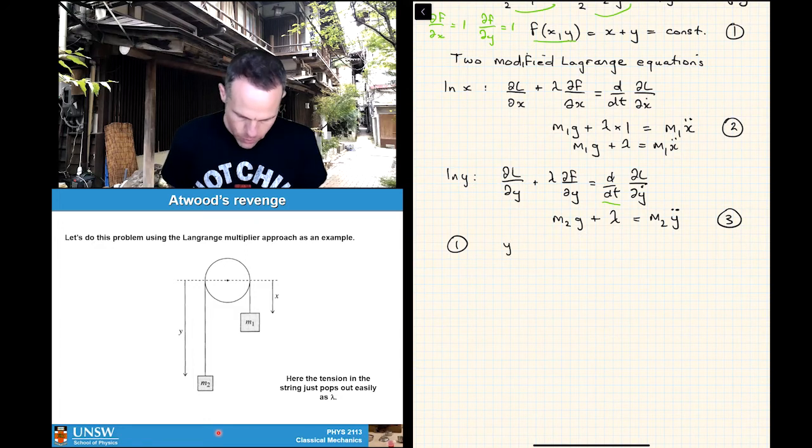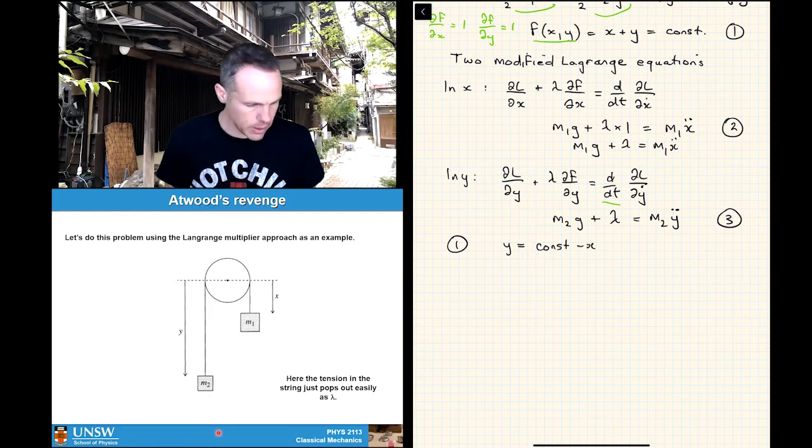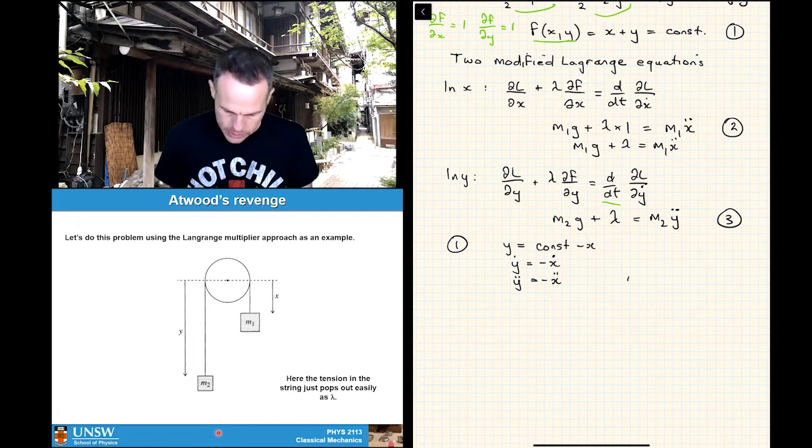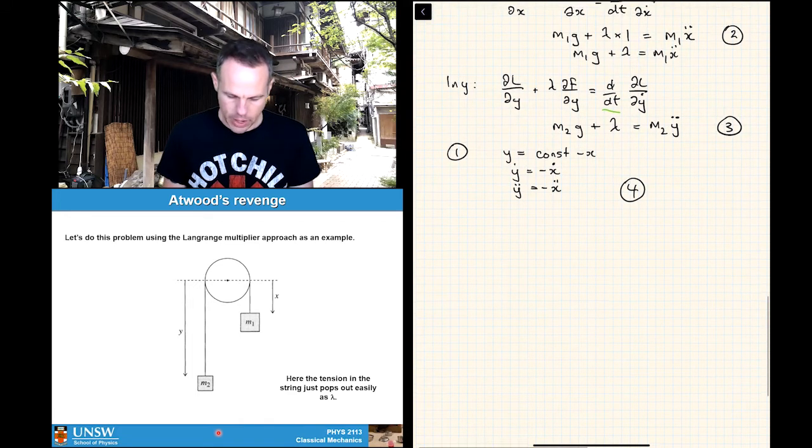We've got y equals a constant minus x here. We can take the time derivative of both sides, so y dot is equal to minus x dot. And taking the derivative again, y double dot is equal to minus x double dot, okay? Let's call this 4 for the moment, just to keep track of this.